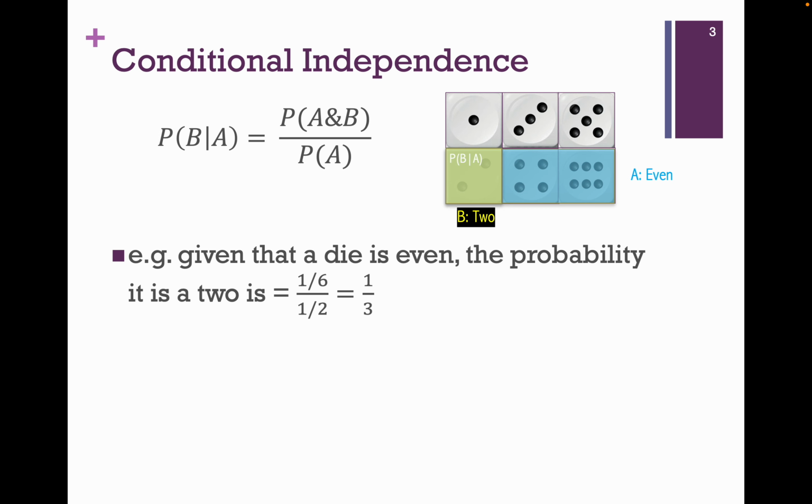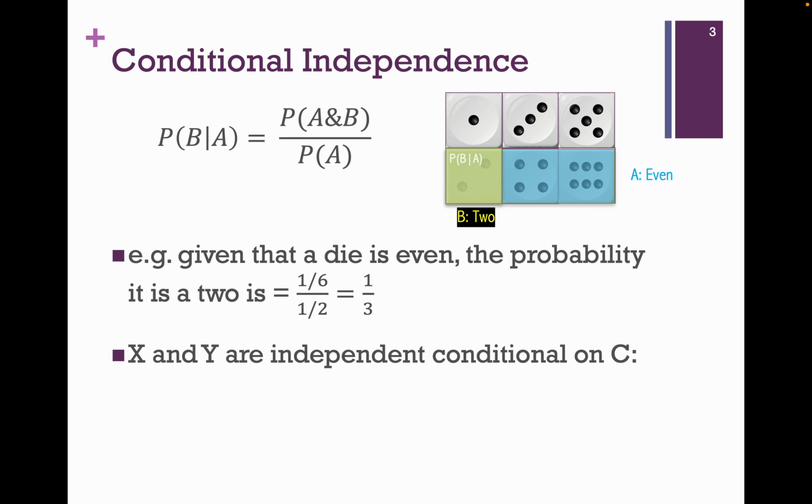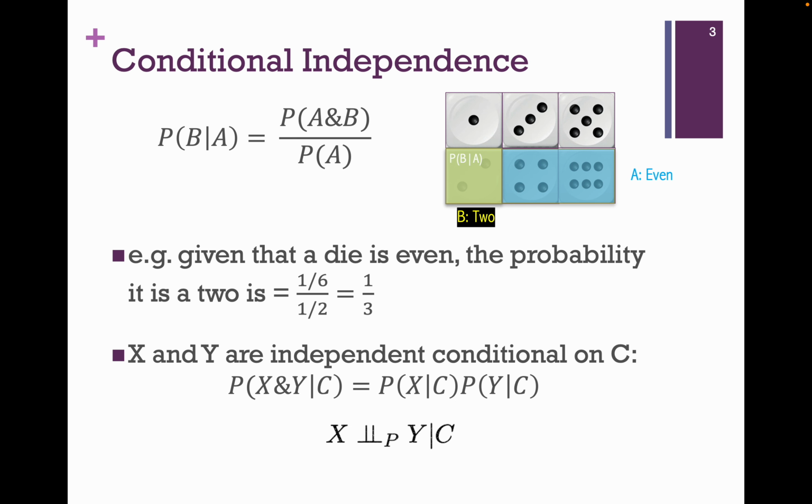Using this notion, we can define conditional probabilistic independence. So X and Y are independent conditional on C if the probability of X and Y given C is equal to the probability of X given C times the probability of Y given C. And this can be written as follows. So that expression indicates that X and Y are probabilistically independent given C.